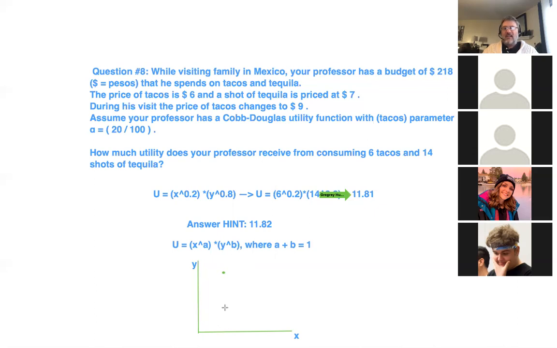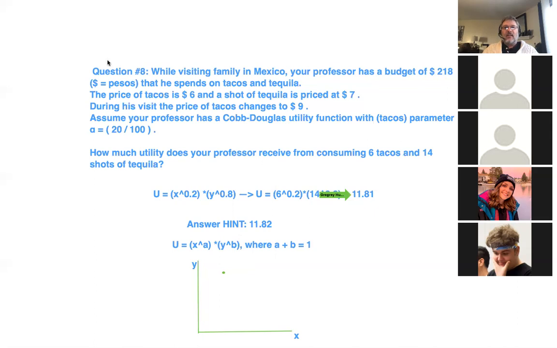So does that look like a good consumption bundle for you, Hannah? You see why I put the dot on the graph? Yeah, I see it. That's the bundle that includes 6 tacos on the x-axis and 14 shots of tequila, right?